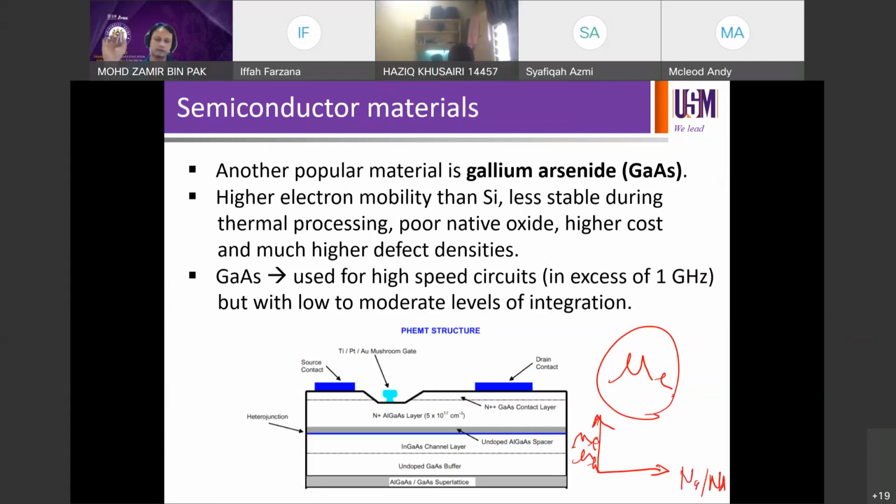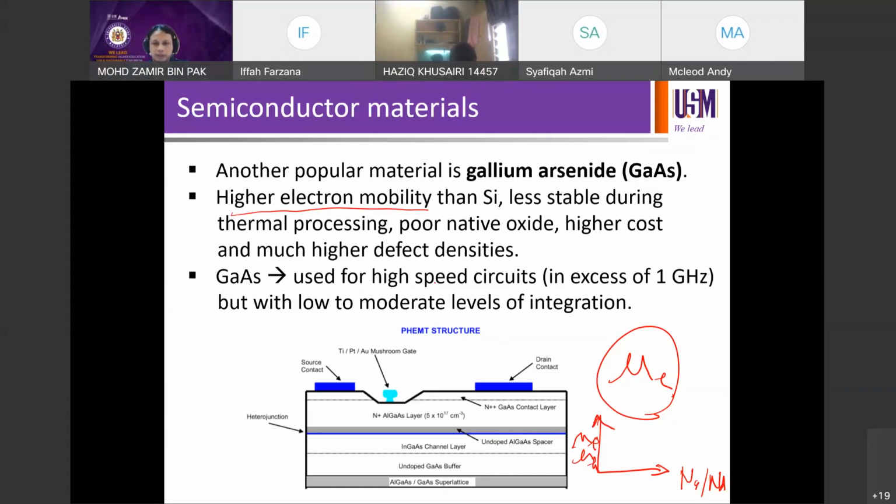You can see the curve and stuff like that. If you compare, the mu_e for gallium arsenide is way higher than the mu_e of silicon, right? So that's why, due to this, gallium arsenide is usually used in high-speed transistors. Okay, so why is the mu_e a lot higher than the mu_e of silicon?